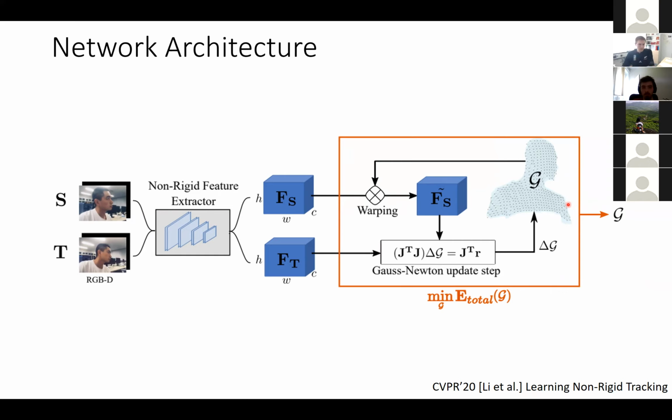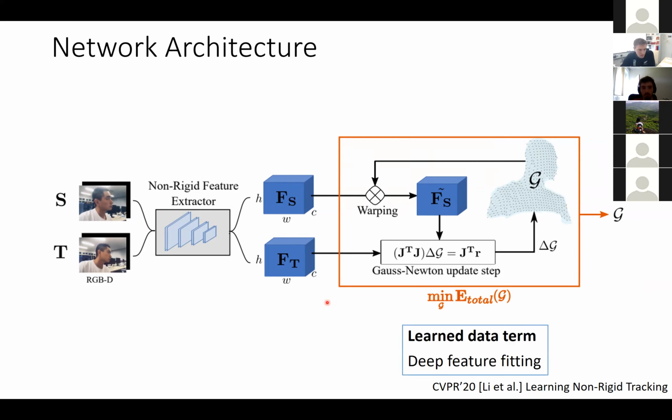So let me go into a little bit of detail here. These are deep features, and this is what we're using for matching. We're feeding these correspondences, or these deep features, into our Gauss-Newton optimizer. We're just using Gauss-Newton here. The optimizer is fixed. The linear steps for Gauss-Newton are solved with PCG in this case.